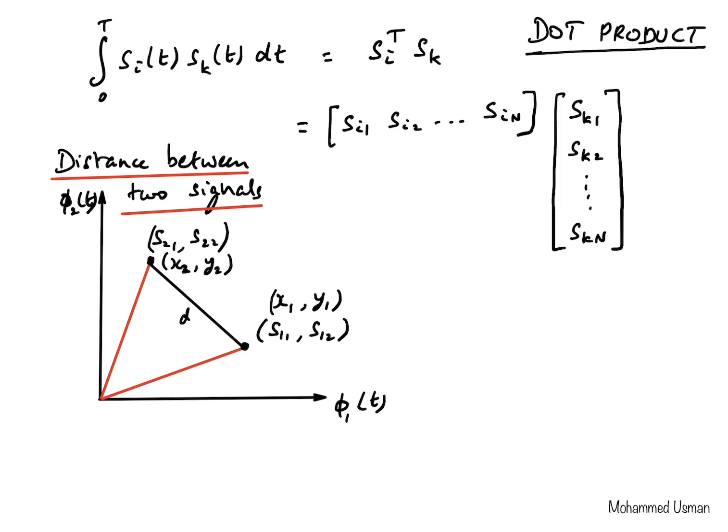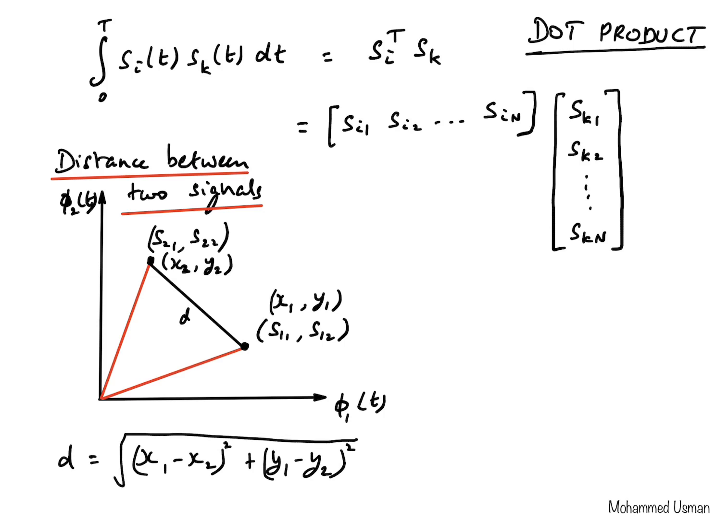So let me write that inside the line so that it's clear. So the distance d from basic geometry can be written as d is equal to x1 minus x2 the whole square plus y1 minus y2 the whole square, and that's under the root, right? So that's from basic geometry, right? The distance between 2 points when we have the coordinates of those points.